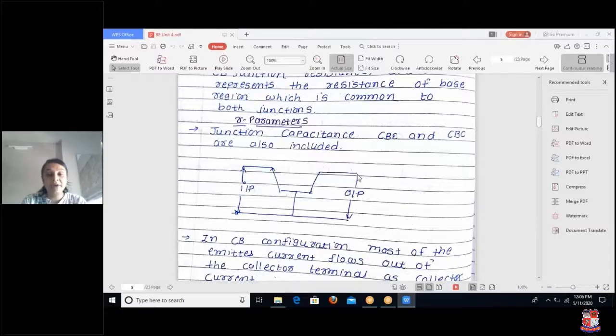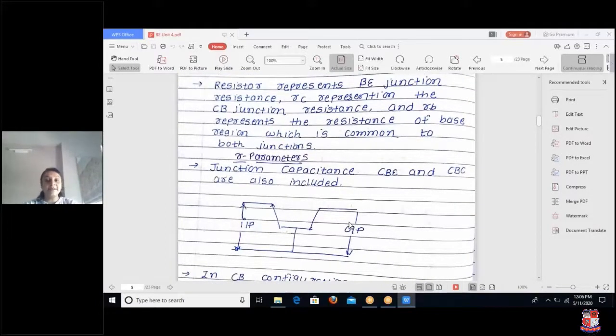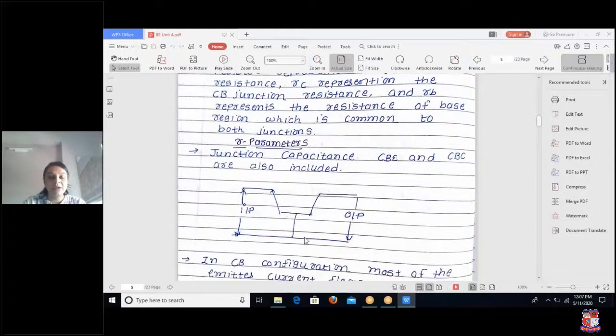And output is in between collector and the base, okay? So the resistor RE represents the BE junction. Resistance RC represents the CB junction resistance and RB represents the resistance of the base, right? How? I will show you.